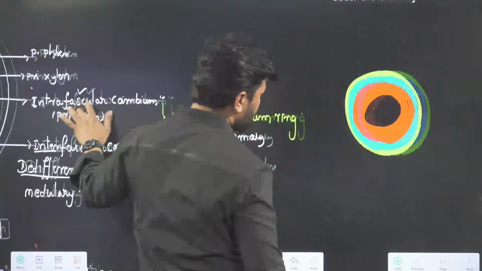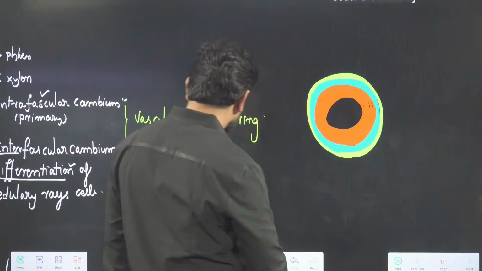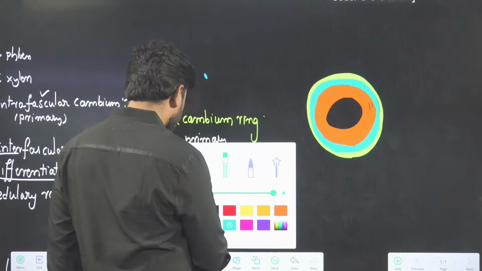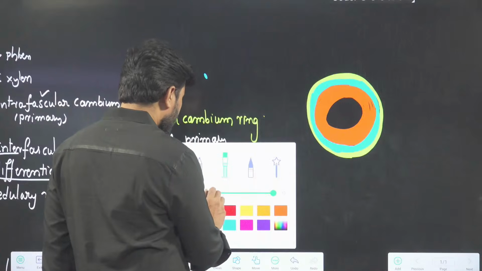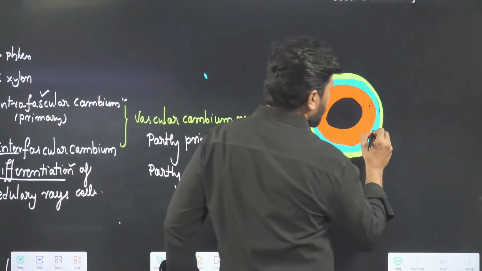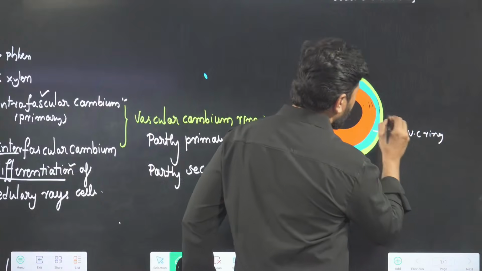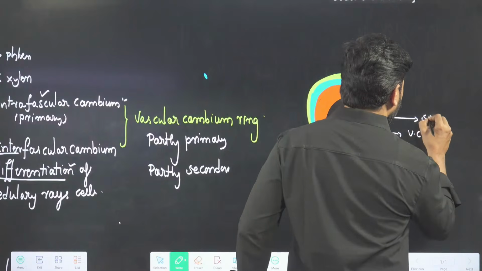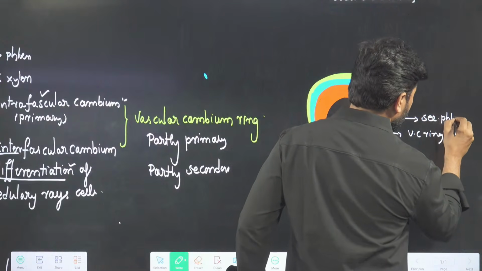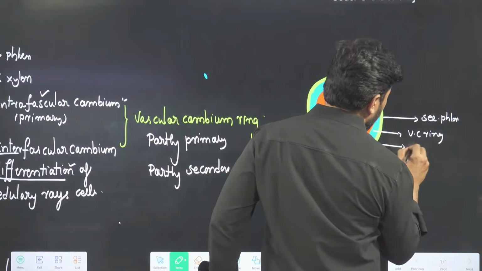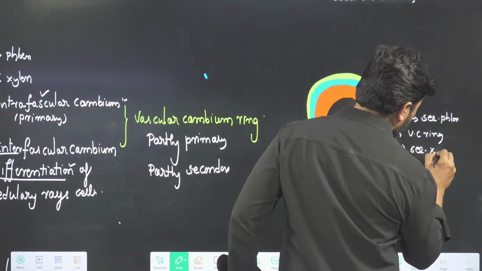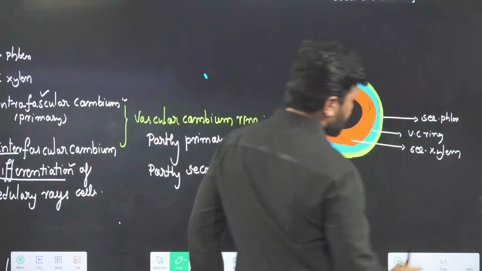This is our vascular cambium ring. This is secondary phloem. This one is secondary xylem. Okay. Observe.